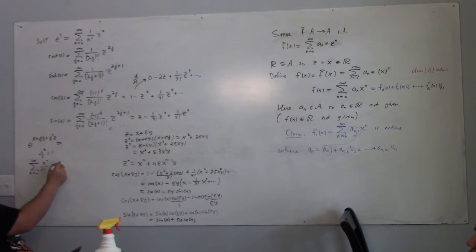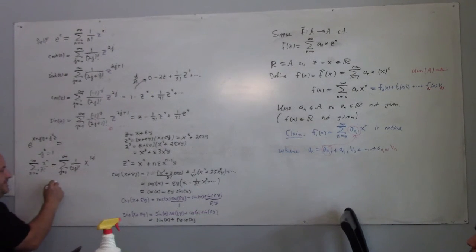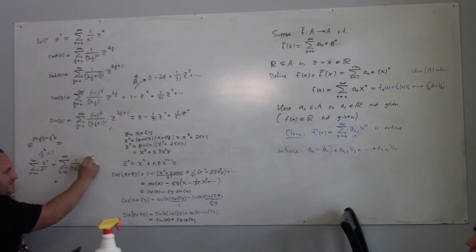You can break that into the sum over j, but going over only every third term: x to the 3j over 3j factorial. J is a bad choice of letter here. Fair enough.